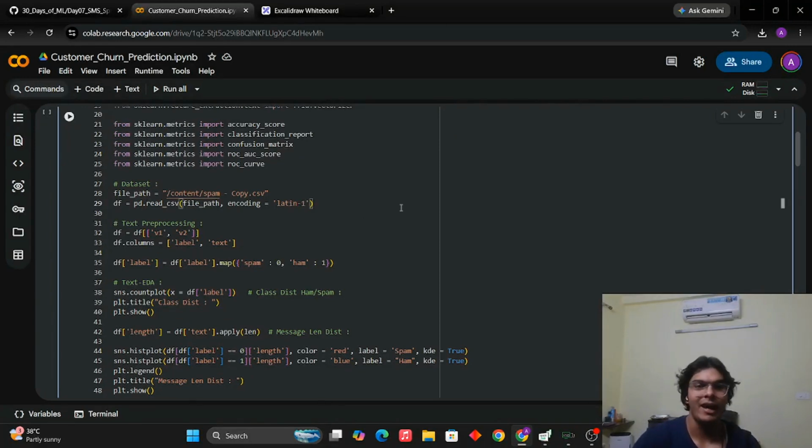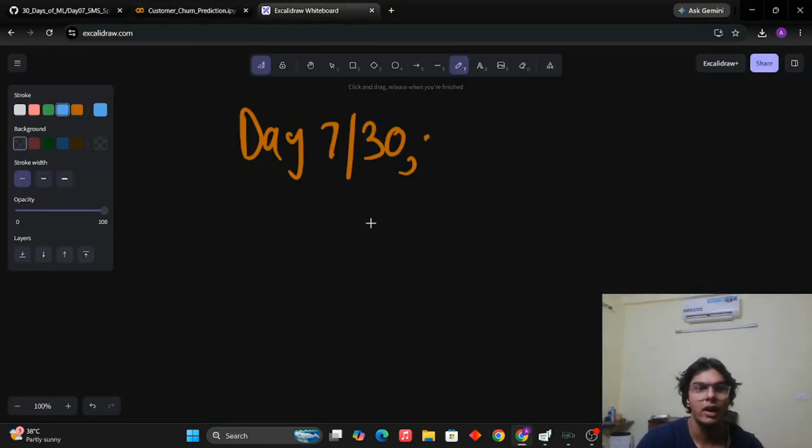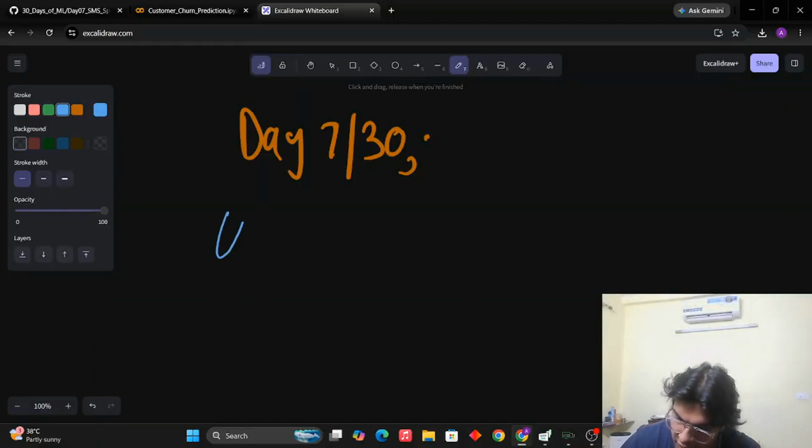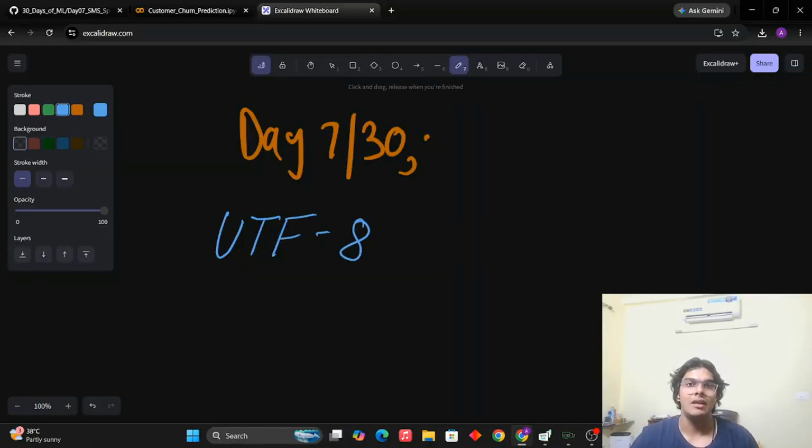Let me quickly write it down because this is a new thing, at least a new thing that I learned. Maybe the viewer has already heard of it. When we write pd.read_csv, pandas assumes that it is UTF-8 encoding. But in this case, the data set had Latin 1 encoding.